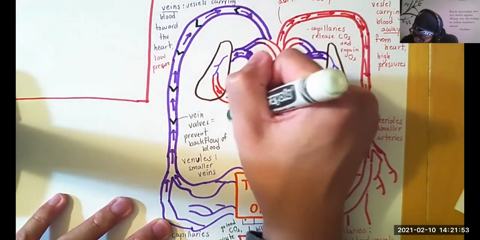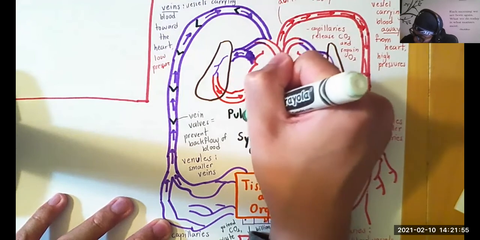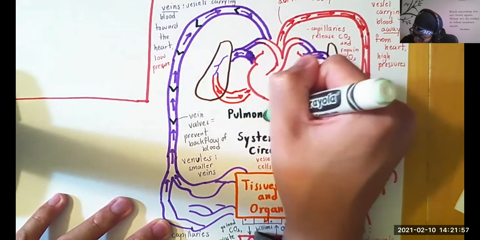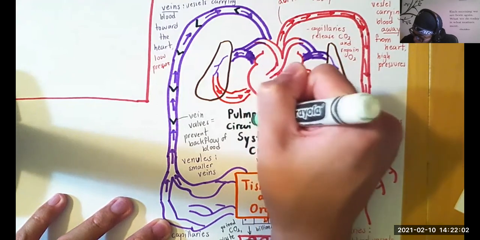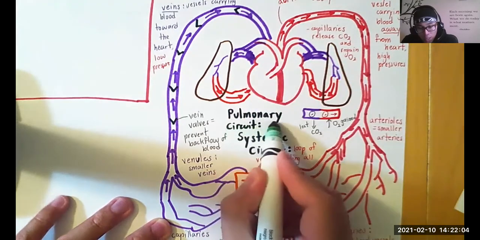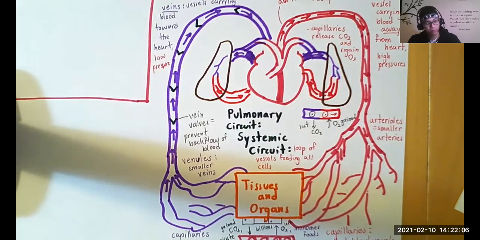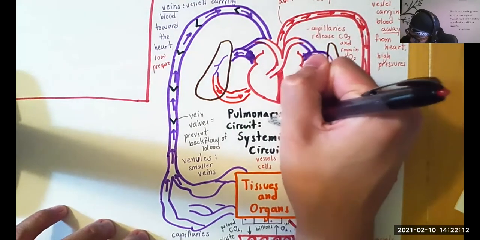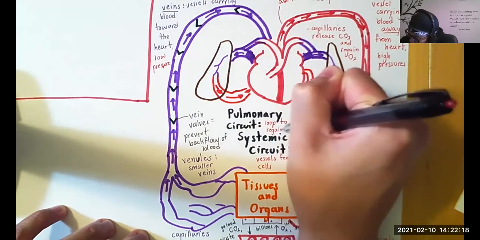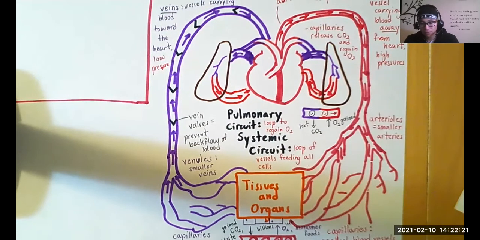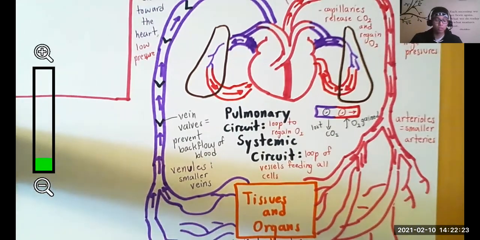The circuit is called the pulmonary circuit. See? Pulmones, pulmonary. Oh, the words just make so much sense. The pulmonary circuit is the loop to regain O2. That's what the pulmonary circuit is.